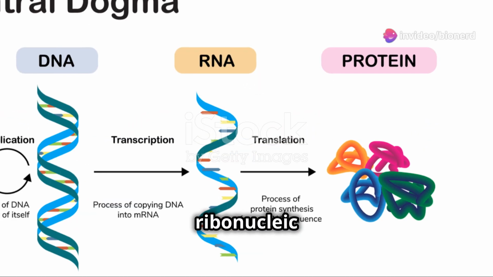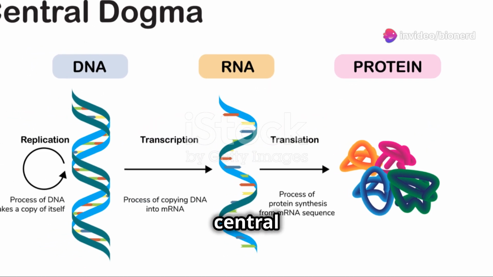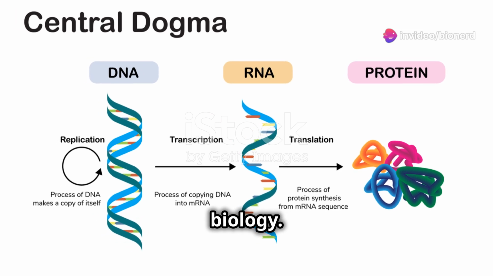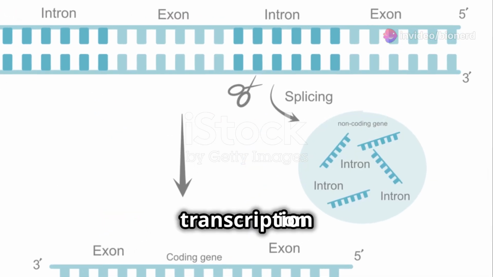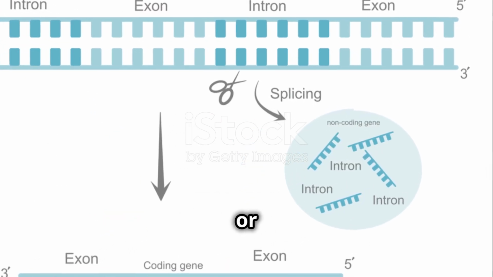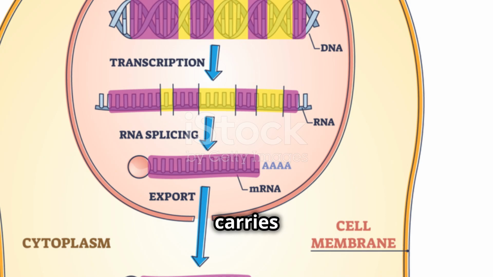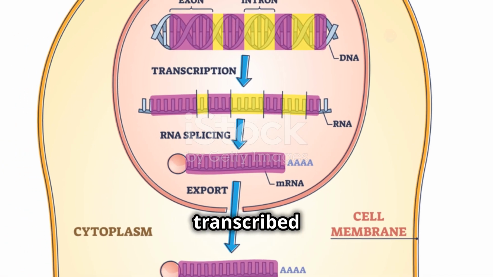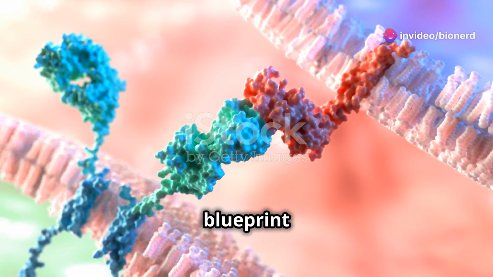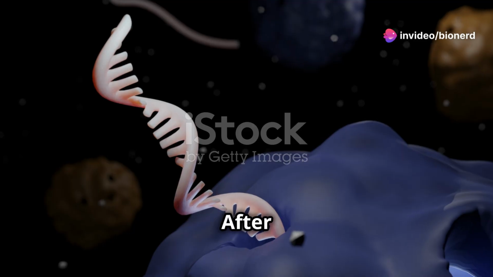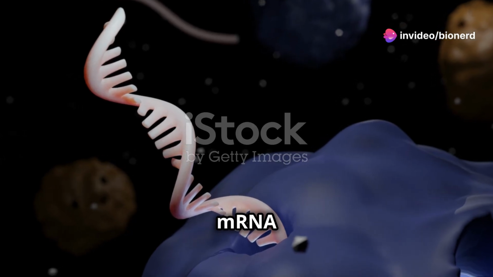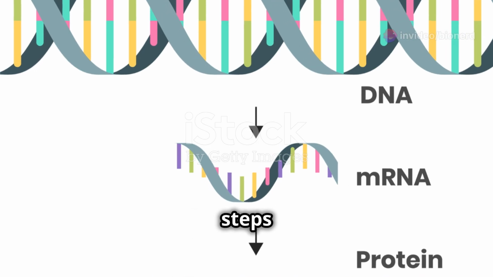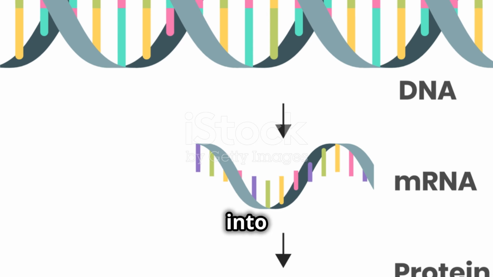RNA, or ribonucleic acid, plays a pivotal role in the central dogma of molecular biology. The type of RNA involved in transcription is called messenger RNA, or mRNA. mRNA carries the genetic information transcribed from DNA, serving as a blueprint for protein synthesis. After being synthesized in the nucleus, mRNA undergoes several processing steps before it is ready to be translated into protein.